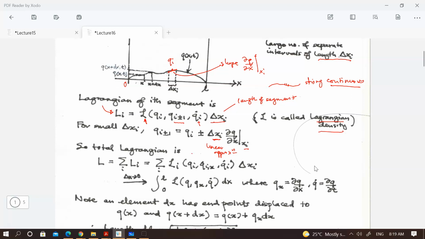So you still have your qi, but this part is going to be replaced by the derivative of the ith segment with respect to x, and then again you still have your velocity. Now, as I said, we want to make this segmentization of the string as small as possible. In other words, you make it infinitesimal.